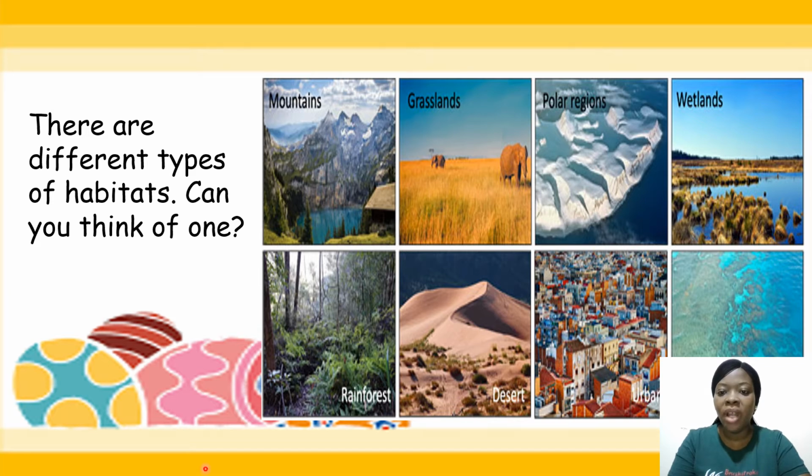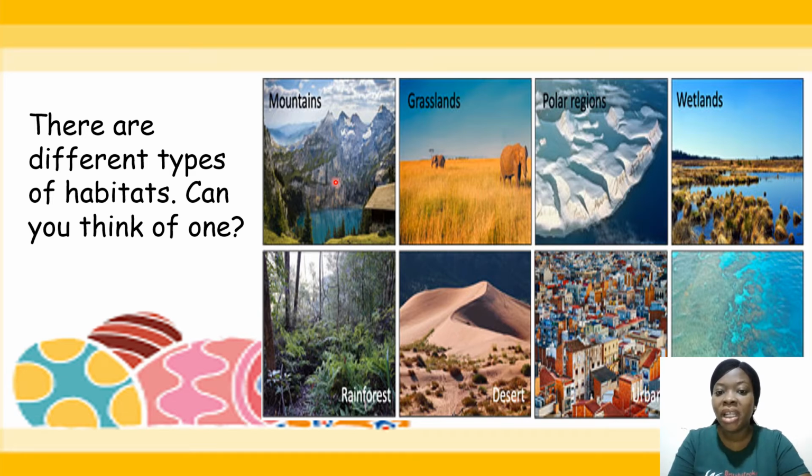Okay, over here we have the mountains, the grasslands, the polar regions, the wetlands, the rainforest, the deserts, the urban, and this is the marine. All these are different places where animals and plants live. If you observe the picture, you would see they are quite different. For example, this is grassy, as it's called grasslands.